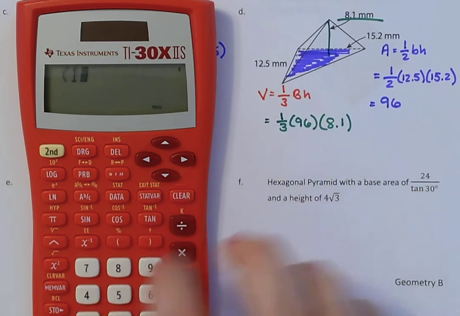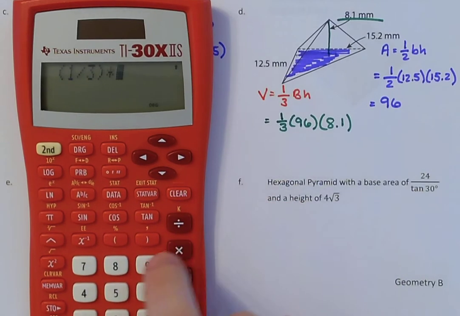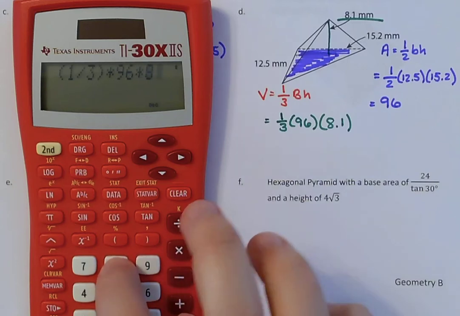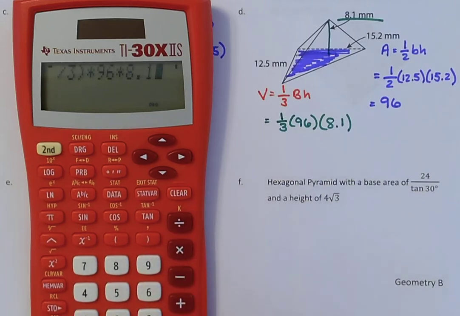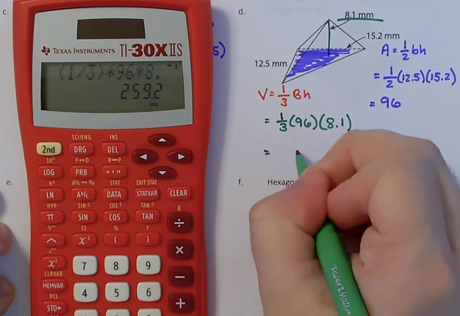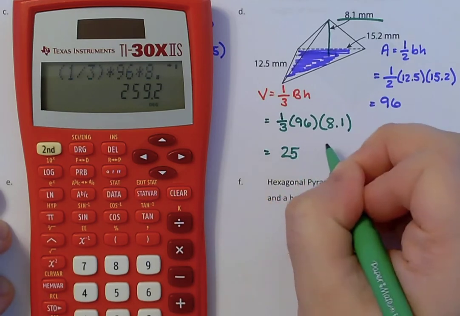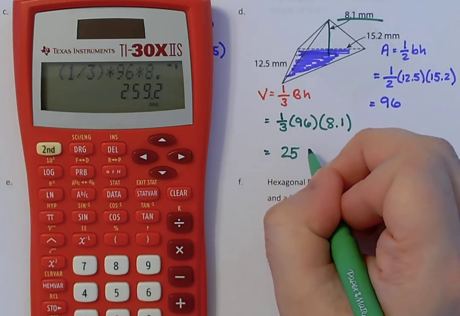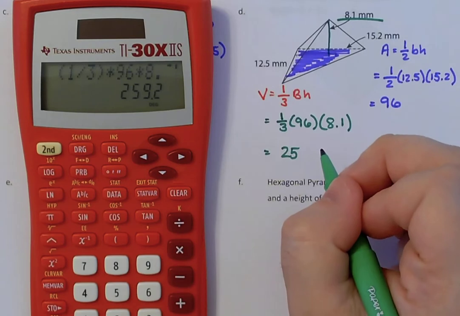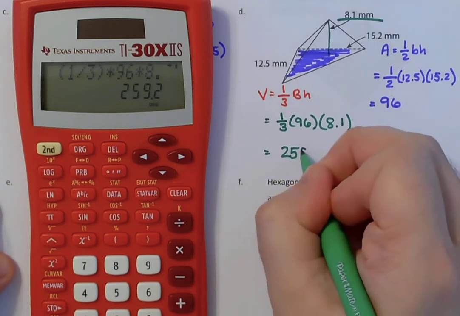So 1/3 times 96 times 8.1 gives us 256.5, and that is the volume of this pyramid. Sorry, not 256, 259, I apologize.